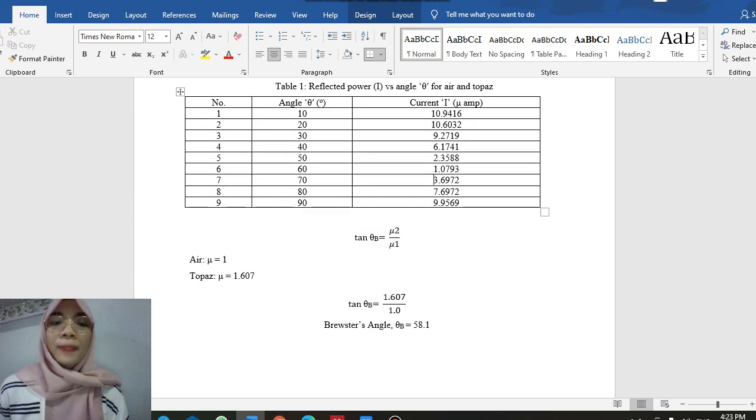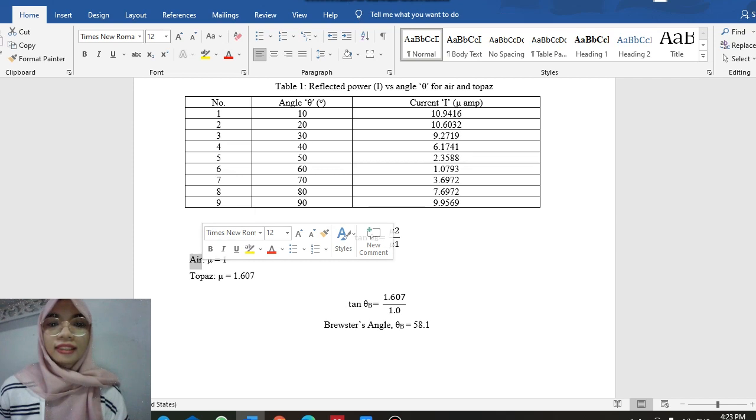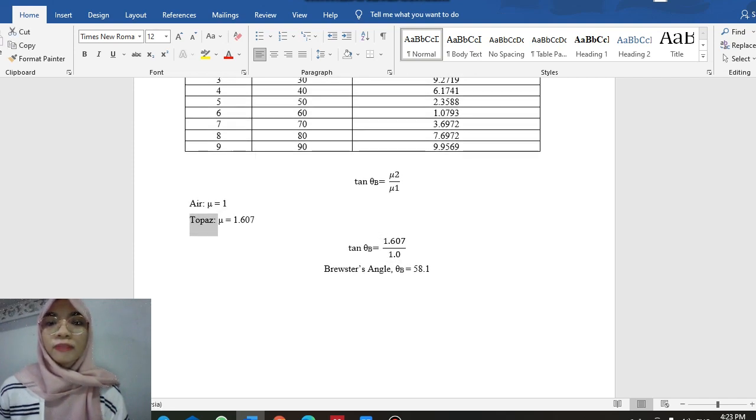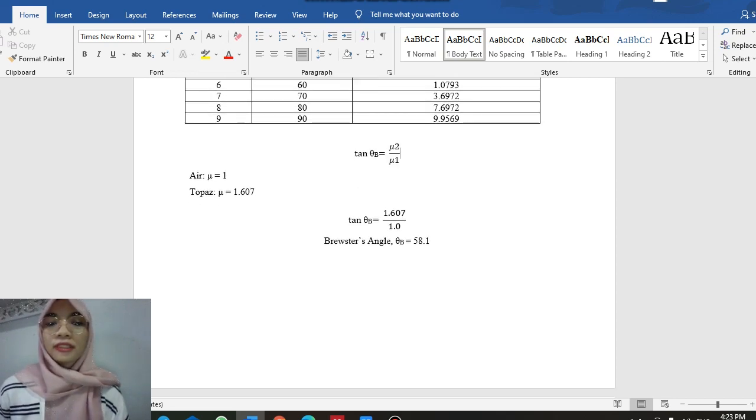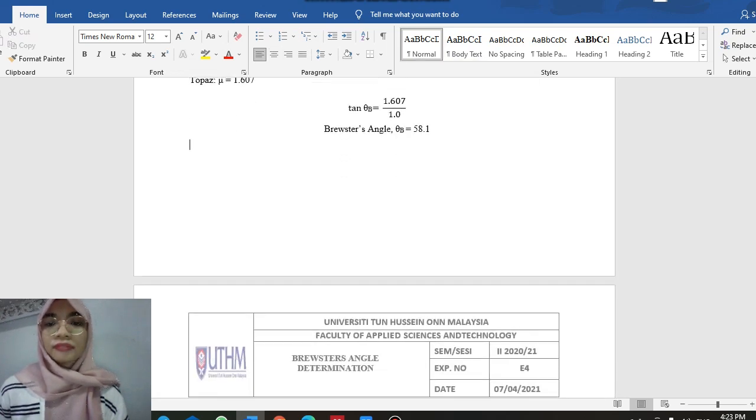And then we put air as the reflecting surface, and topaz as the refractive index. So from the ratio between the refractive indices, we get a Brewster angle for topaz of 58.1.